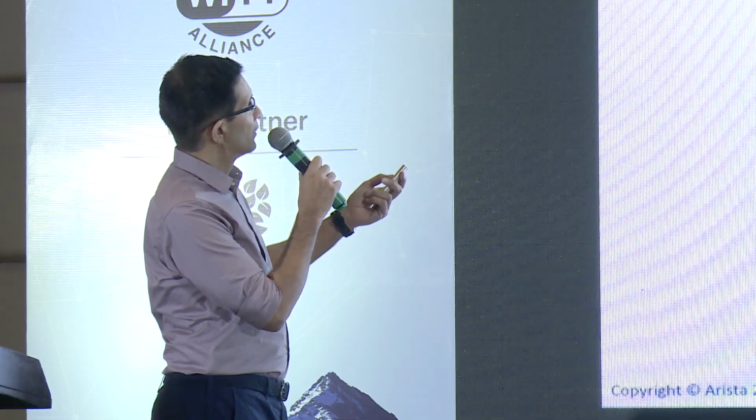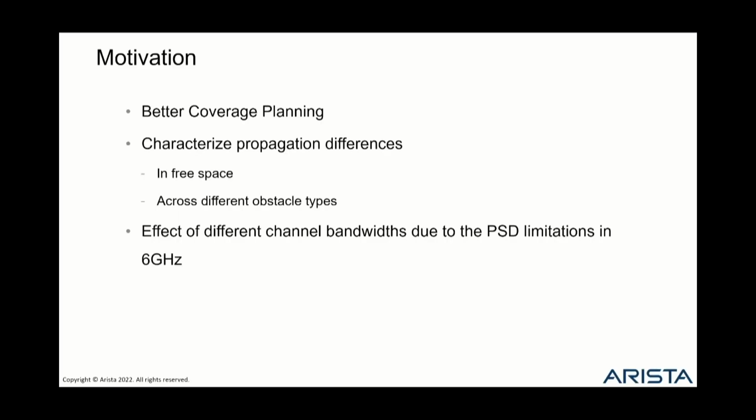But the more specific motivations were, we wanted to characterize propagation differences, one in free space and across different obstacle types. Again, especially how 6 GHz compares to 5 GHz. And lastly, the effect of, it's been talked about a lot this morning.